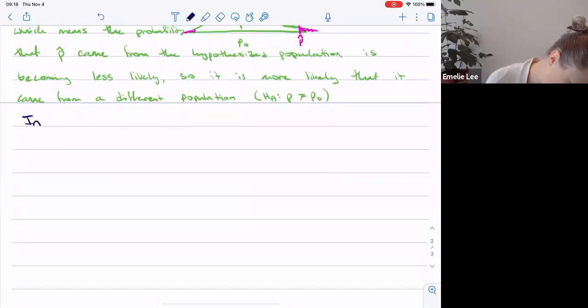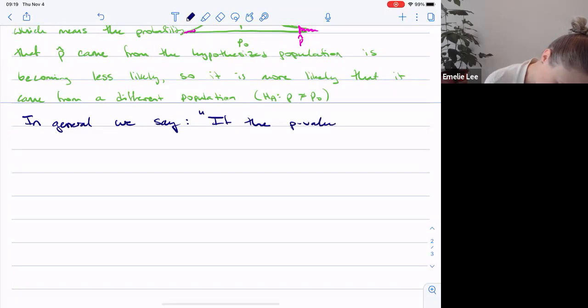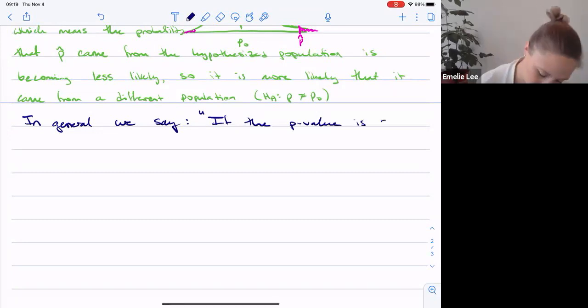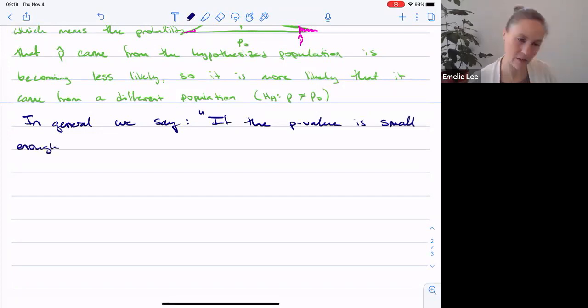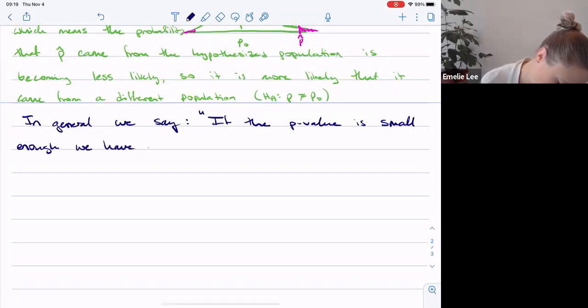So in general, we say if the p-value is small enough, we have enough evidence to reject H naught.